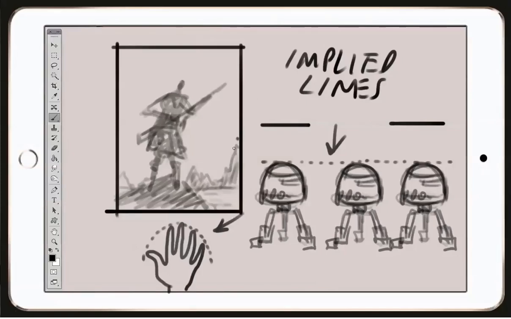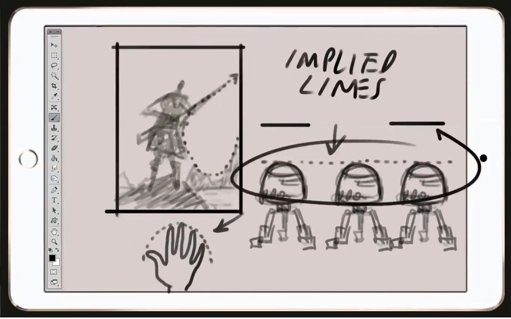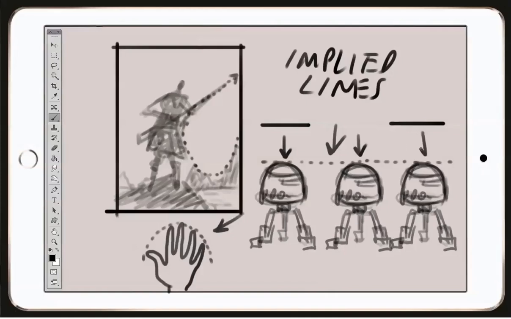And I can add these dots, like I did with the other examples, to indicate this implied line or invisible line, resulting from this invisible line touching the tips of the shapes or the edges of the shapes, just like you see with the hand here, where that implied line touches the tips of the fingers, or in this example where the implied line touches the edge of the shapes.